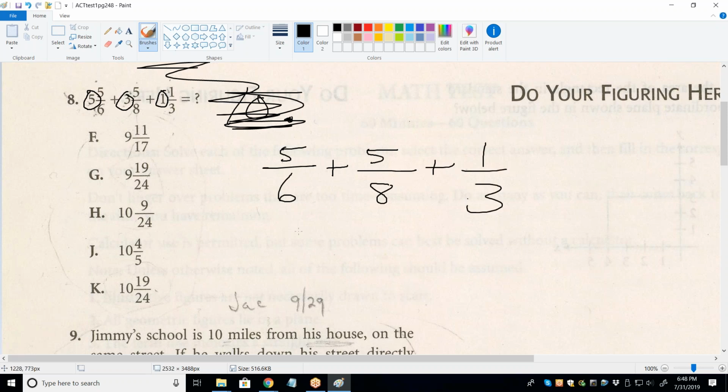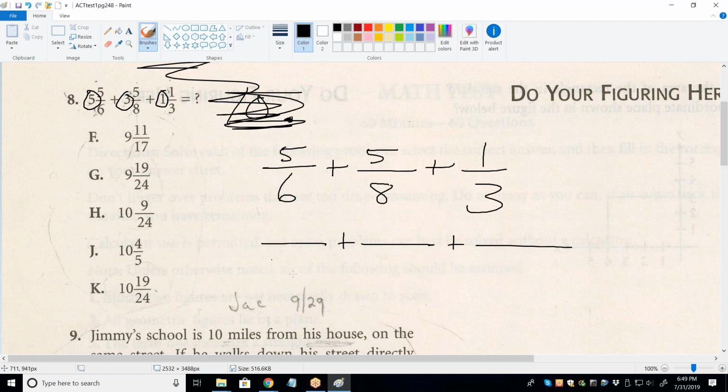We know it's 9 plus this, right? The question is, how do you add those 3 fractions? Okay, what is it? Yep, that's absolutely right. What's the common denominator?